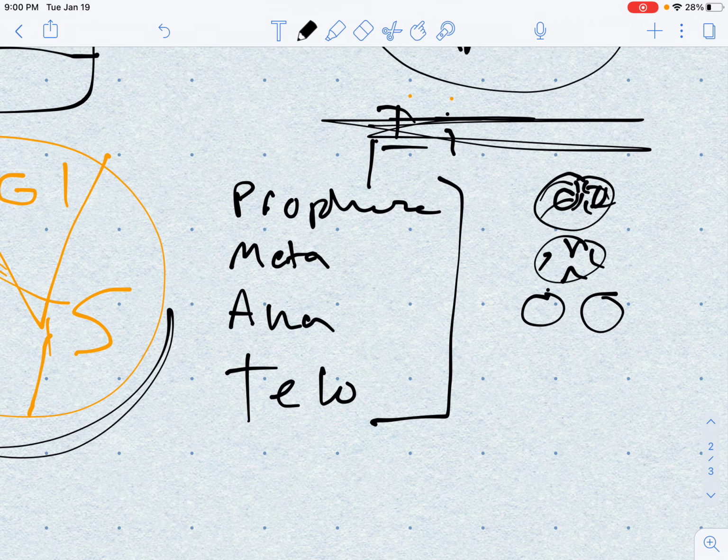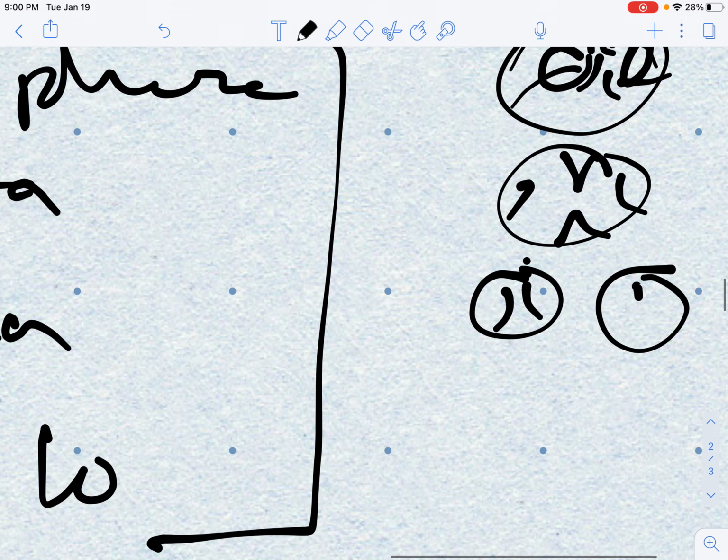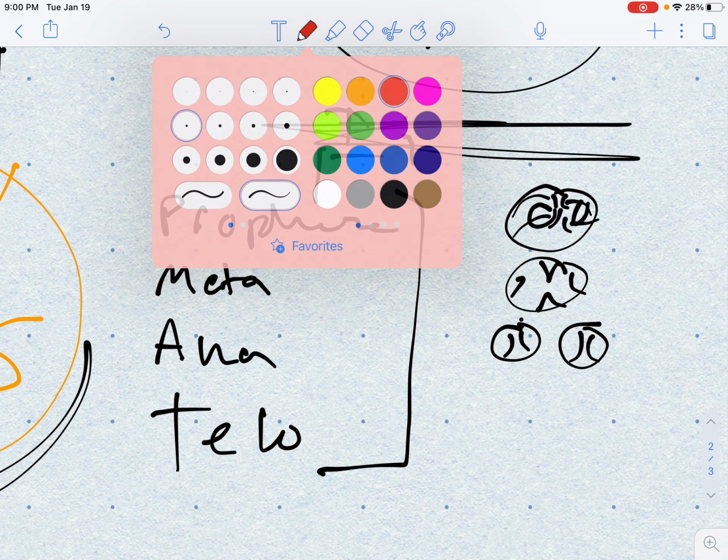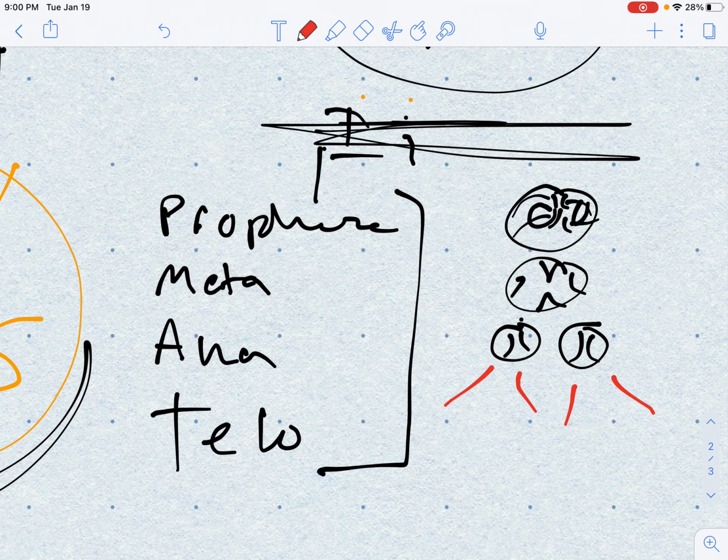And yeah, okay, now here's the thing when it gets to meiosis. The funny thing about meiosis is that the end goal of meiosis is to have 4 daughter cells. We're going to have 4 daughter cells. And when it gets to the actual meiosis, this is called meiosis 2.